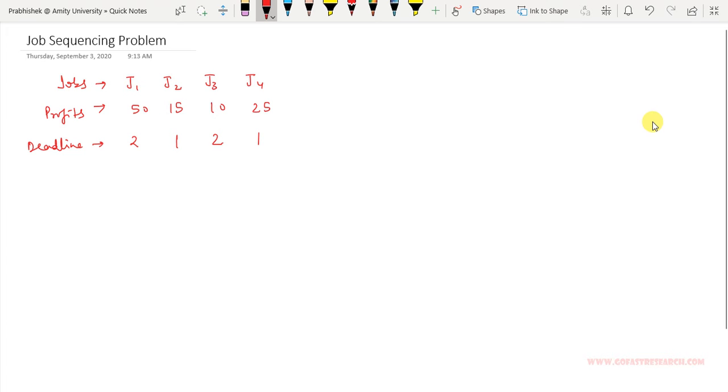There are some assumptions which we have to understand, and based on these assumptions we are going to solve these questions. Okay, so first of all, what are our assumptions? The first assumption is that we are working on a uniprocessor system.